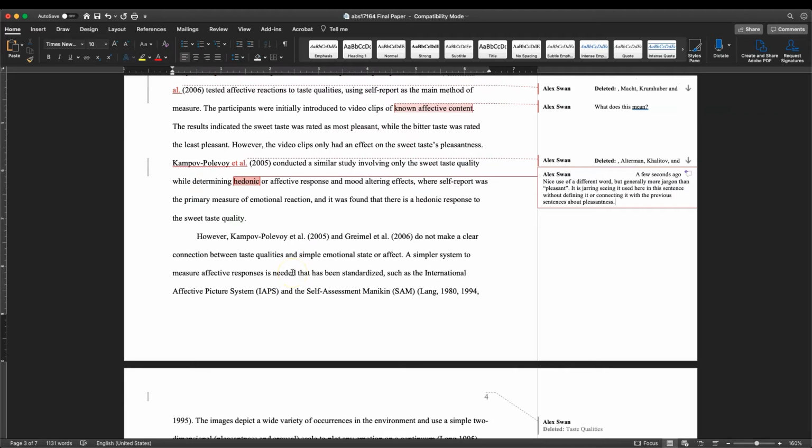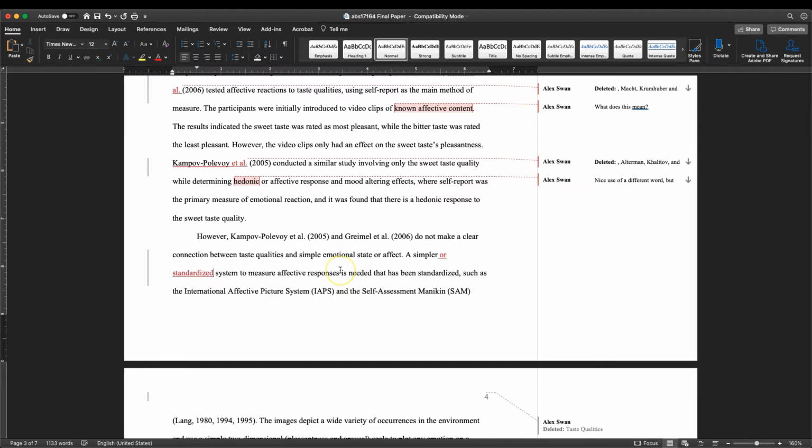It all depends on the authors, of course. Not everything's going to be 100% equal or equivalent across the board. So you'll end up, like I did, looking at potentially this Kampov Polvoy paper, and they use hedonic in their writing. And so I'm like, okay, yeah, I'll just use hedonic. However, I don't use it anywhere earlier.